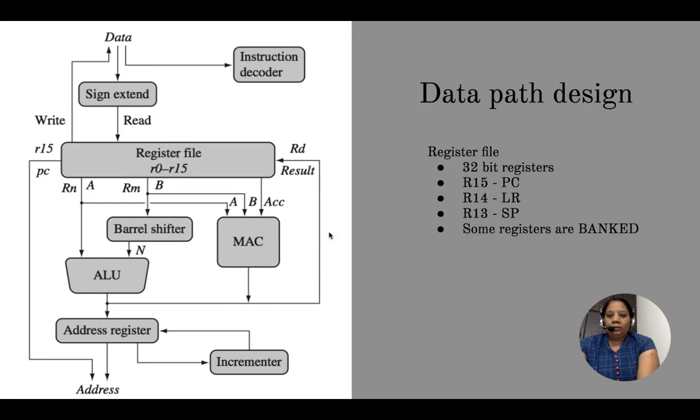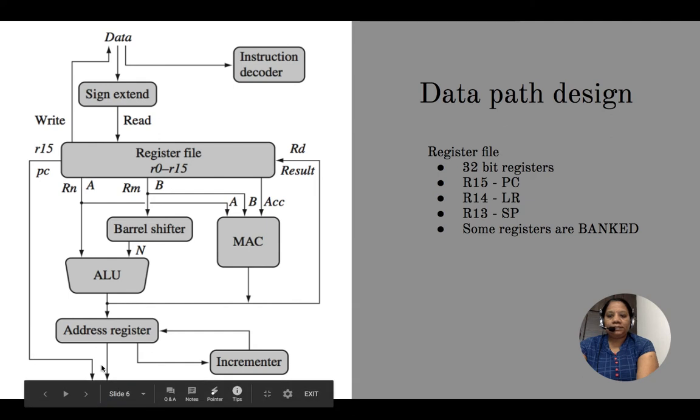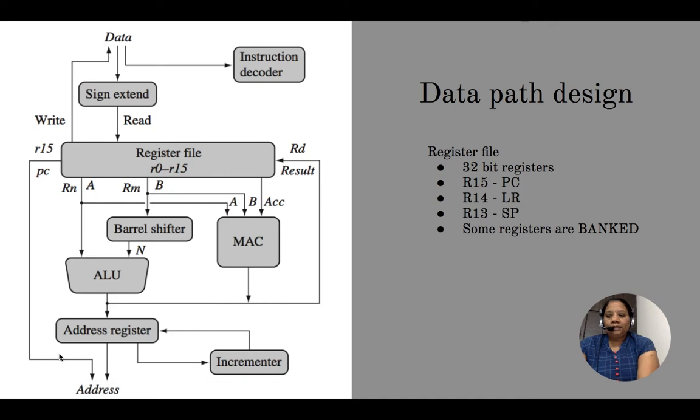Now the major register over here is the R15 register, which is the program counter. This register gives the 32-bit address of the instruction that is to be fetched. So the program counter, R15, gives the address of the instruction to be fetched and places this address on the address bus.